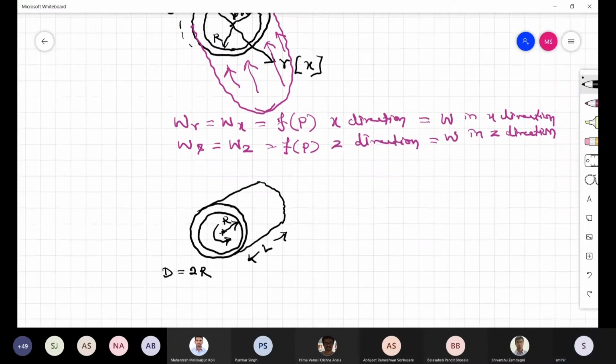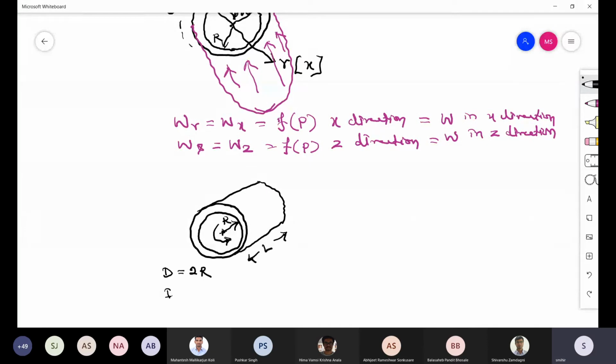So we call it infinitely long when this L is very large compared to D, or L by D is very large. In a real situation, this should be more than 2.